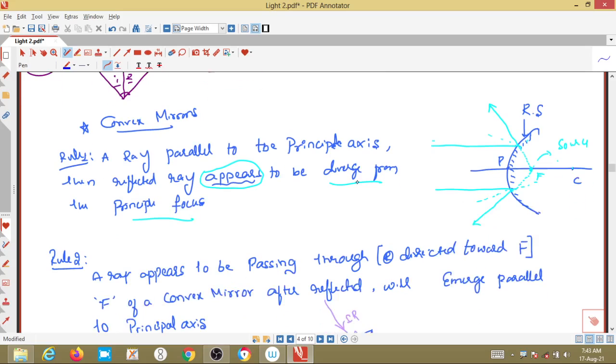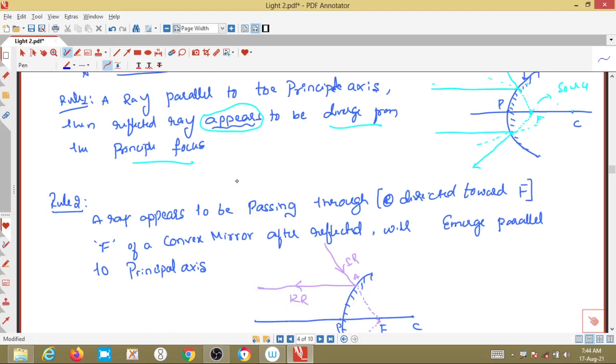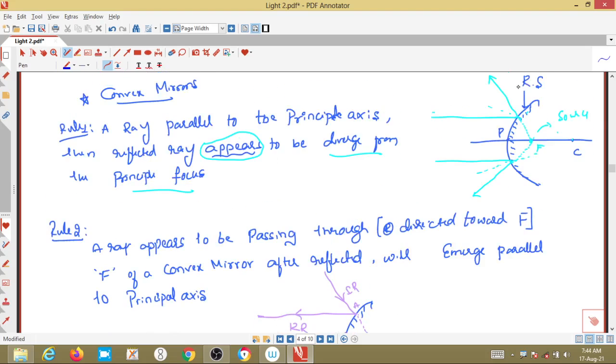Then we have seen the convex mirror also, how the image is formed in a convex mirror. First rule: when a ray is incident on the reflecting surface, the mirror, parallel to the principal axis, then the reflected ray goes away from the mirror.